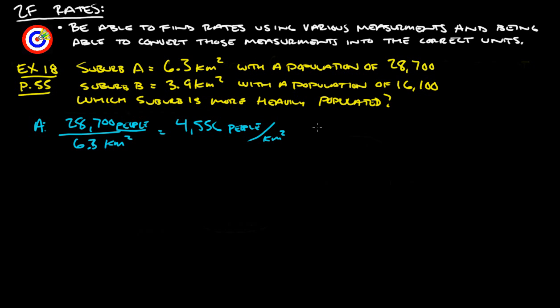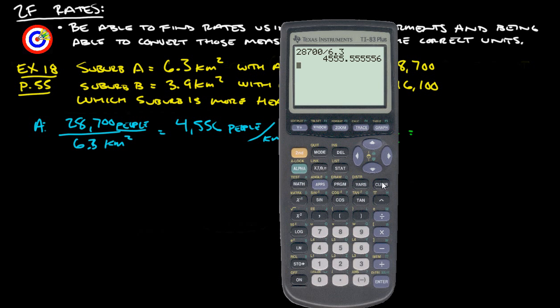Let's figure out what the population density of suburb B is. For B, we put 16,100 people and divide that by 3.9 square kilometers.